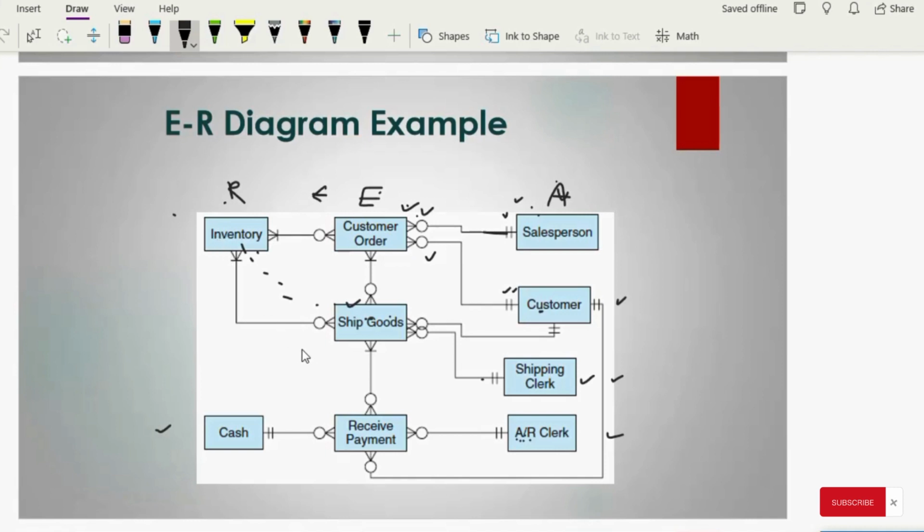Then the relation between inventory and the shipped goods. An inventory item might not have any customer order, that's why no shipping is being made at minimum, but at maximum we might have shipped it many times. A shipping of goods should have at least one inventory item at minimum, but at maximum it could have many inventory items. Then customer order and shipped goods.